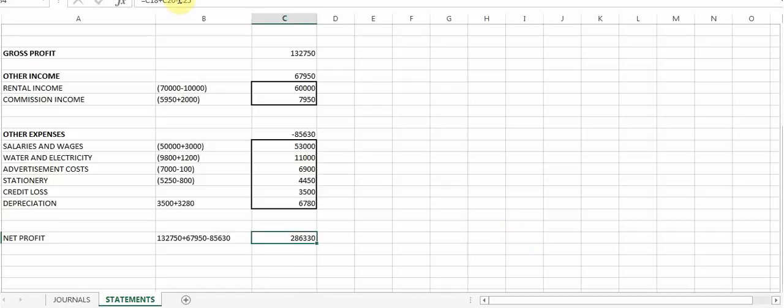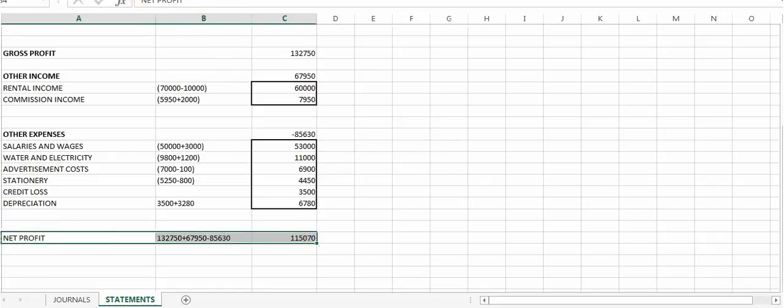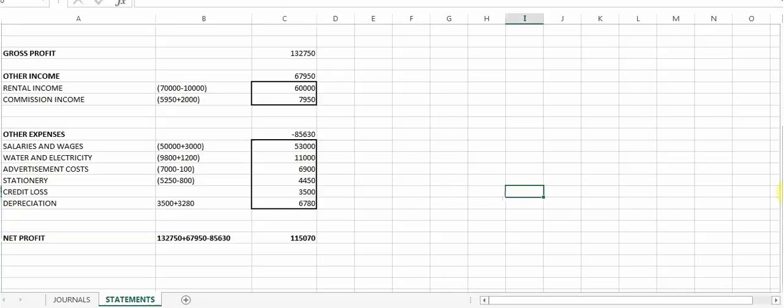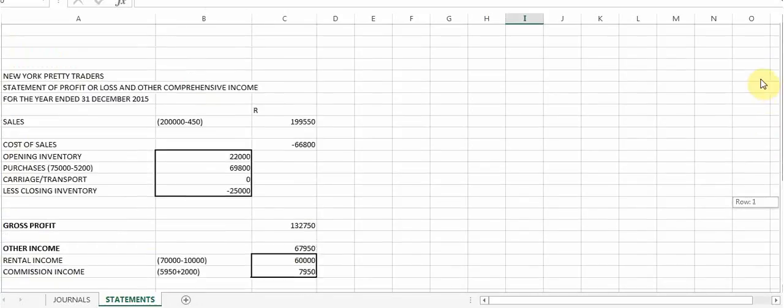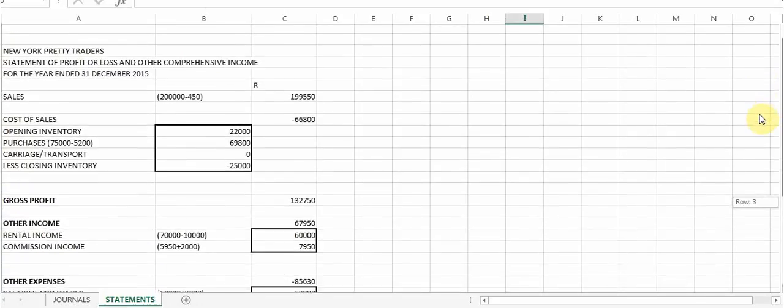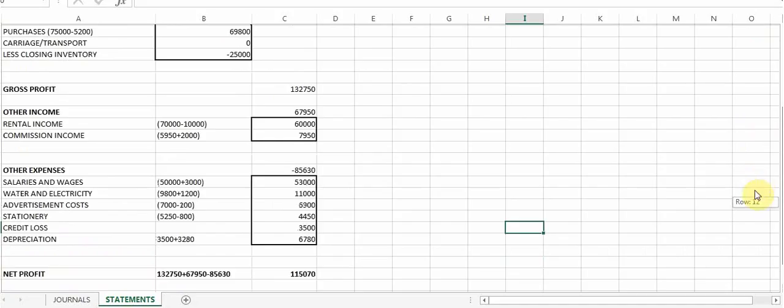That cannot be right. Sorry, need to add there. 115,070 is the right net profit. So there I've calculated then the net profit. I've included all my income and expenses, and I have done a statement of profit and loss and other comprehensive income.